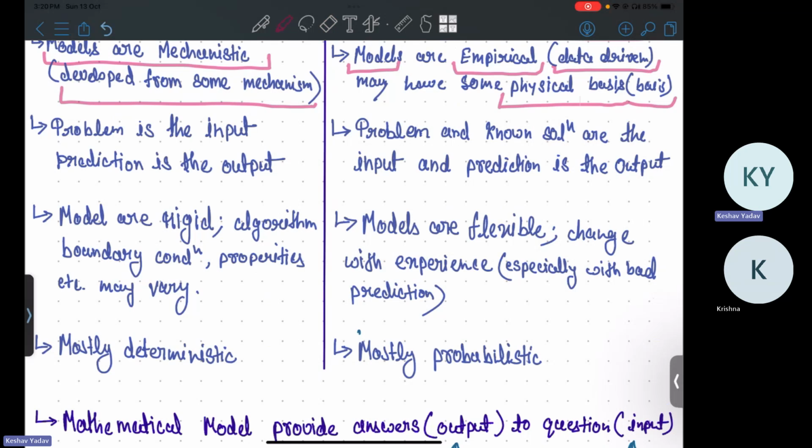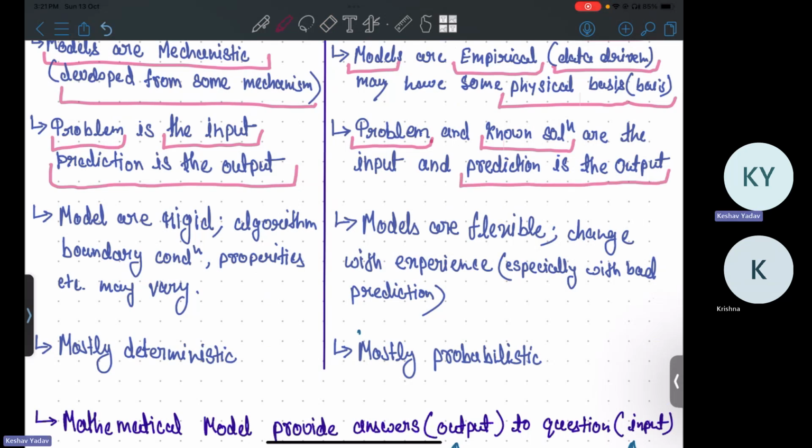In the traditional models, we have a problem, and the input of the problem is known. What we try to do is predict the output. But in a machine learning problem, we have an input and we have a known solution for that input.